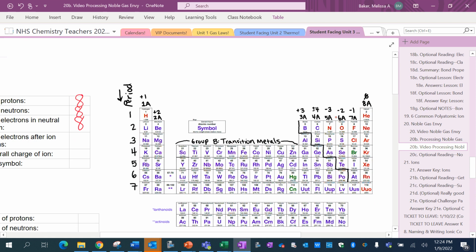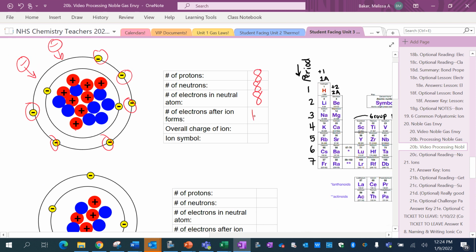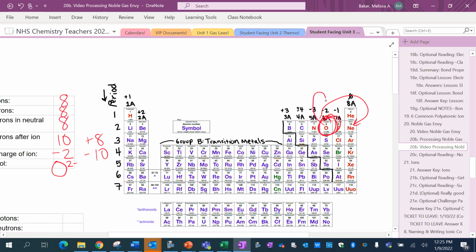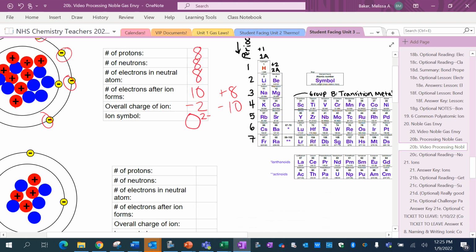And if oxygen gains 2 more, it will be like neon. So we've got 8 positives and 10 negatives. That means the negatives are winning by 2, and the symbol would be O2−. We can double check our work because here's O, and it's under the −2.